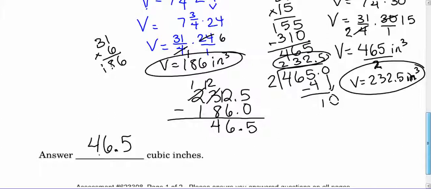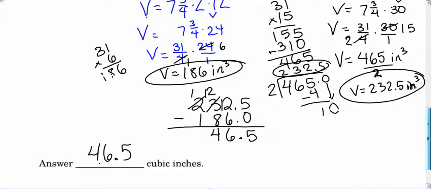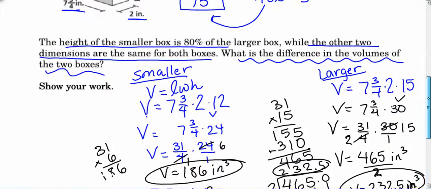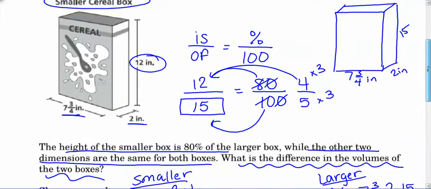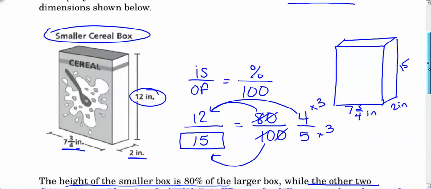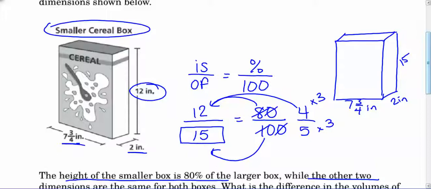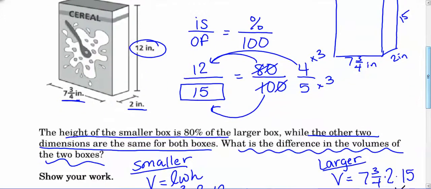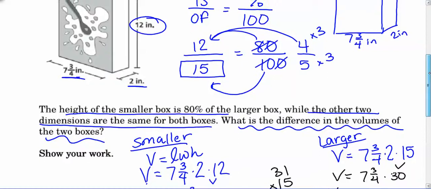All right, so that one was a challenging question, and involved quite a few steps. So don't be afraid to take your time. Just to quickly review, we've got a smaller box that has these dimensions. You first have to find out what the bigger box has for a height, okay, and you do that with understanding percents and how to find that something is 80% of a bigger number, and you would set that up, figure out that that's 15 inches tall.